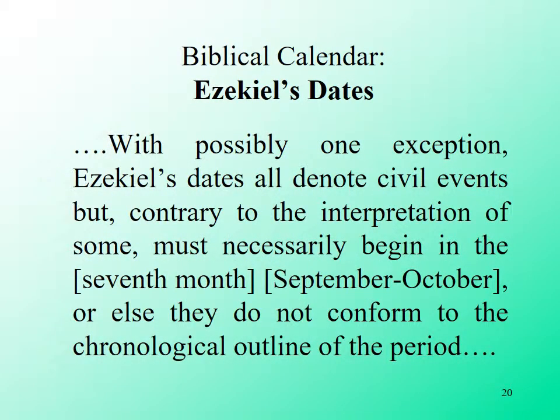The biblical calendar and Ezekiel's dates. With possibly one exception, Ezekiel's dates all denote civil events, but, contrary to the interpretation of some, must necessarily begin in the 7th month, September-October Gregorian reckoning, or else they do not conform to the chronological outline of the period.